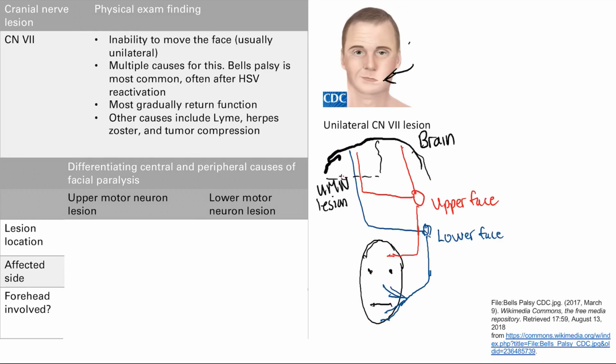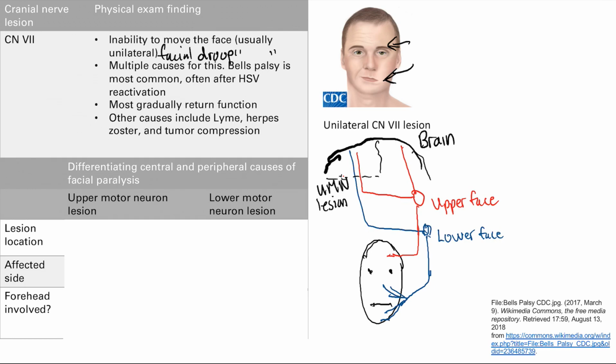As you can see here on this side, the face is completely relaxed and drooping. It's called a facial droop. There are many causes of cranial nerve 7 lesions. The most common one is Bell's palsy, and it's due to reactivation of herpes simplex virus.